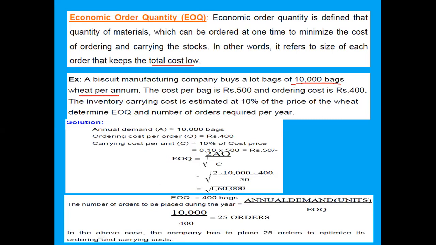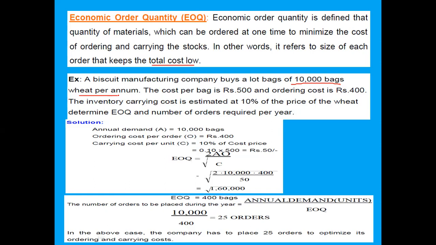The ordering cost is 400 rupees per order. The inventory carrying cost is estimated at 10% of the price. So whatever inventory we are holding carries 10% of the price of wheat. Determine EOQ and number of orders per year.